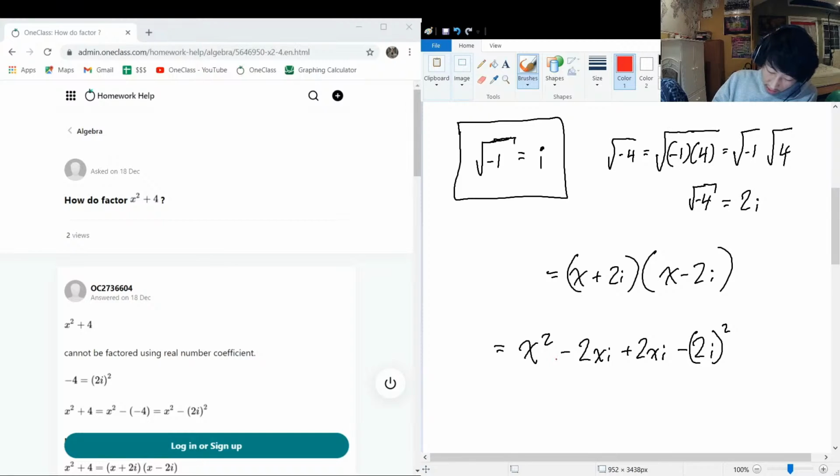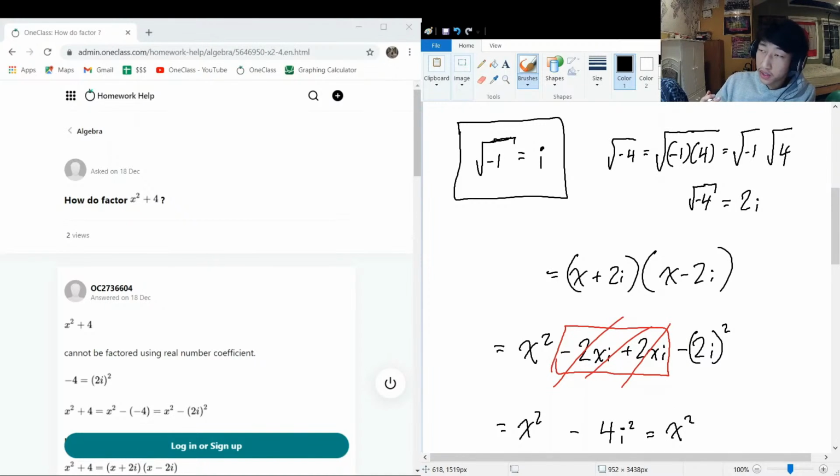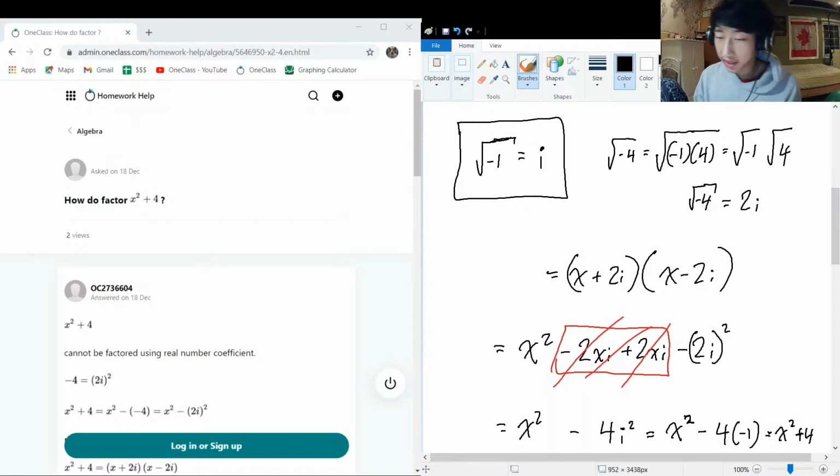So as before, you see that these two neutralize each other, and so here we're going to have x squared, and here, well, we're going to have minus 4 times i squared, which is equal to x squared, and keep in mind i squared is -1, so we can add another -1 term in here, minus 4 times -1, which is equal to x squared plus 4, because the negatives, double negative, neutralize each other into a positive. Okay, and we can see that we got exactly back to where we started. So this is the proper factorization here.